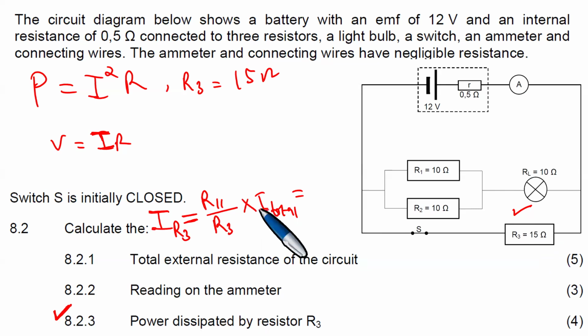So in the end, what you are able to get here becomes exactly that. You have 7.5 with the 15, multiplied by 1.5.